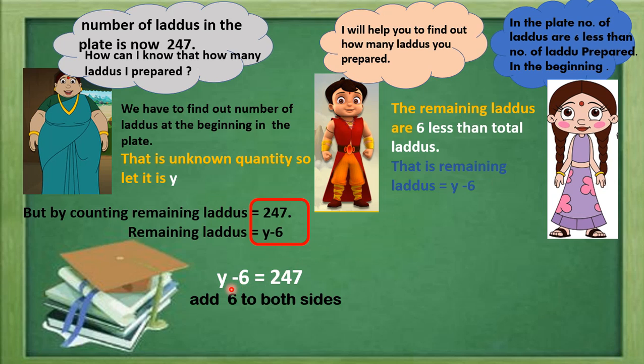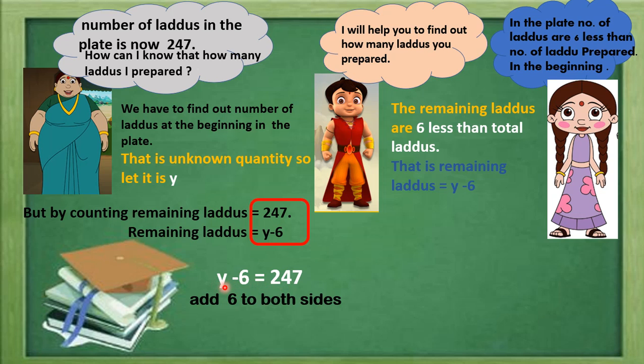So Bhim replied that we have the equation y minus 6 is equal to 247. On this side of the equal to sign, y minus 6 is the left hand side and 247 is the right hand side. The variable, the unknown quantity, is in the left hand side. So we have to find out the unknown quantity only.